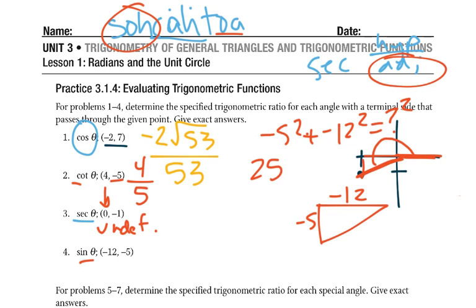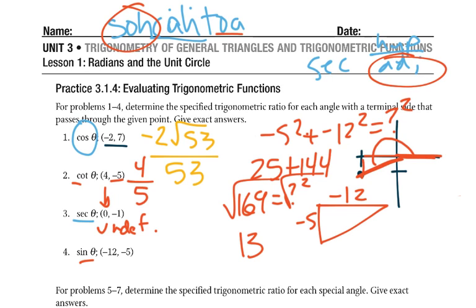So that'd be positive 25, positive 144. We get 169. Take the square root of that, and we get 13. So it's this angle, the opposite, -5. So -5 over 13 is our answer for number 4.